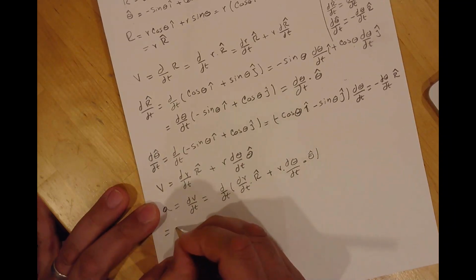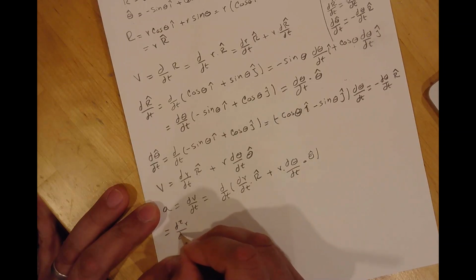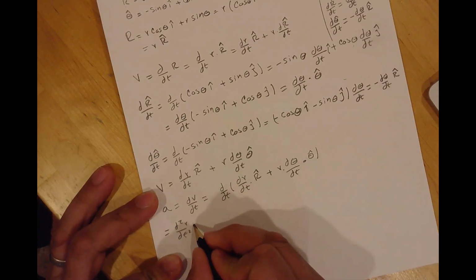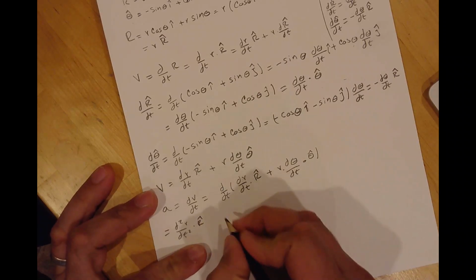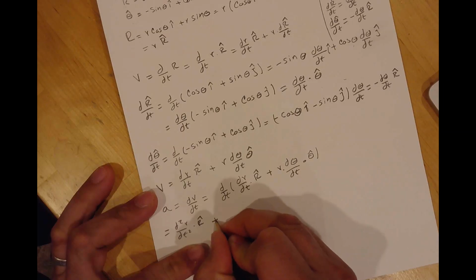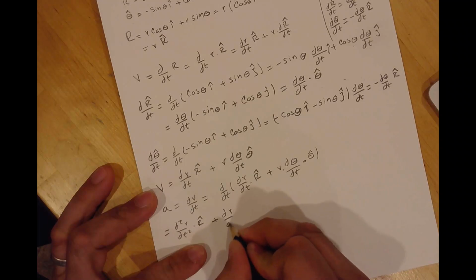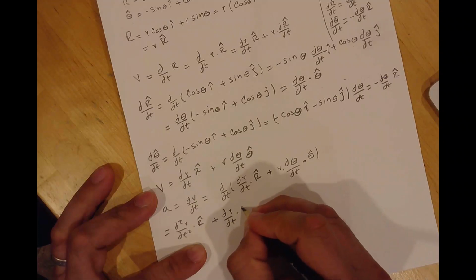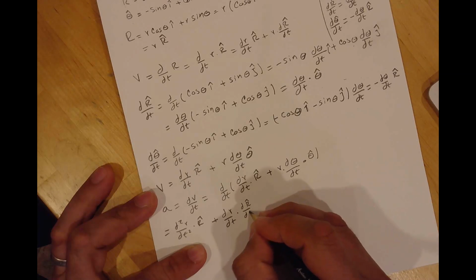The first one is the second derivative of r with respect to t multiplied by the unit vector r, plus the derivative of r with respect to t multiplied by the derivative of the unit vector r with respect to t.